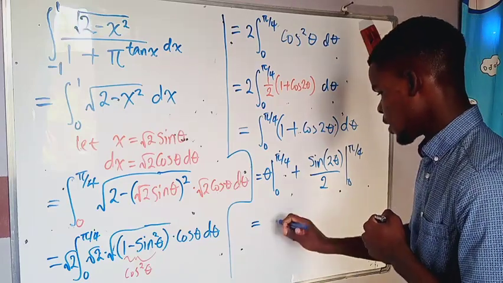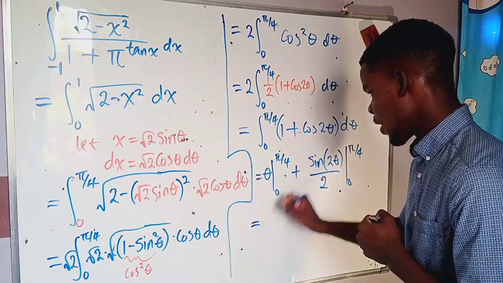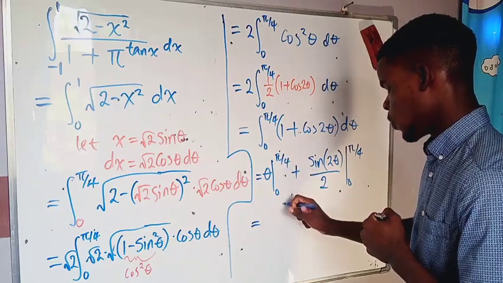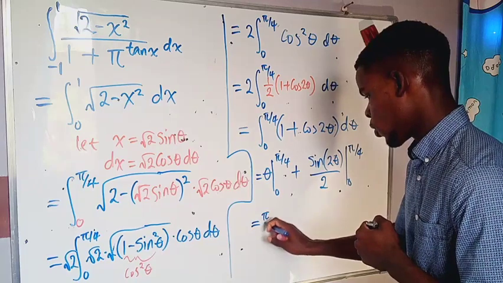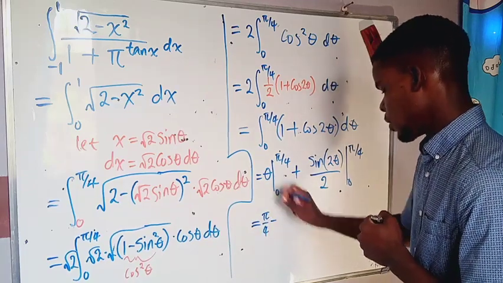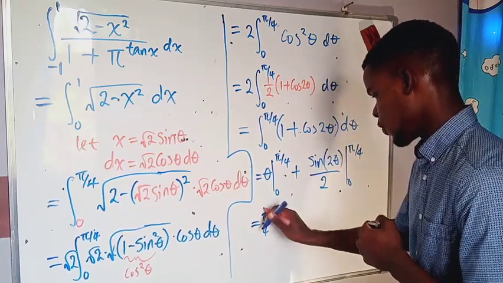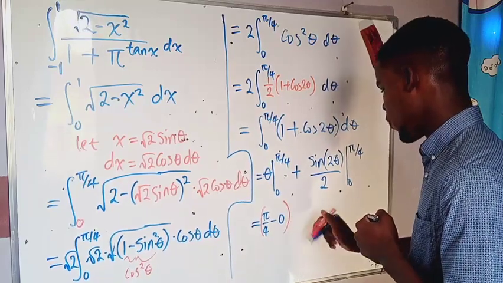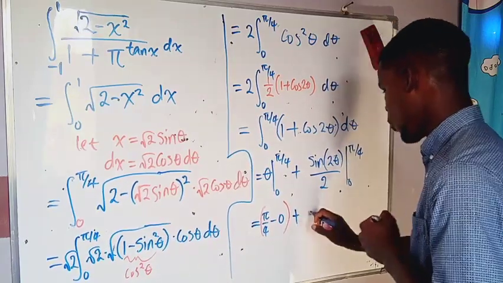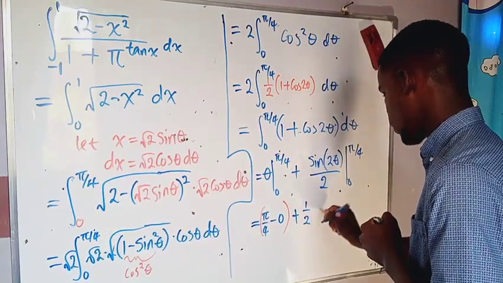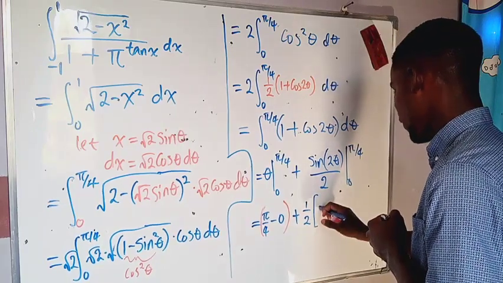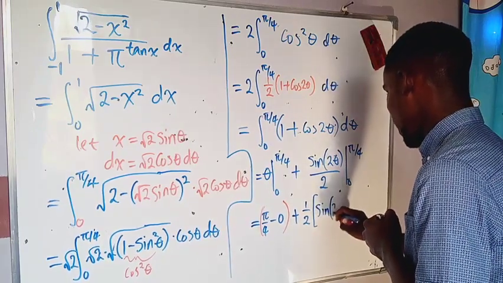Very nice. So this is theta. We evaluate theta from 0 to pi over 4. That is going to be pi over 4 minus, when theta is 0, it is just 0. So right there we just have pi over 4. We add to it 1/2 out front, then sine of 2 times theta.